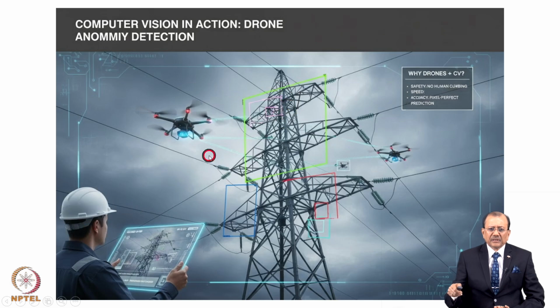It communicates this picture as well as the reasons to the ground technicians, and they can take a decision about what kind of fault this is, and what kind of remedy or action they should take.